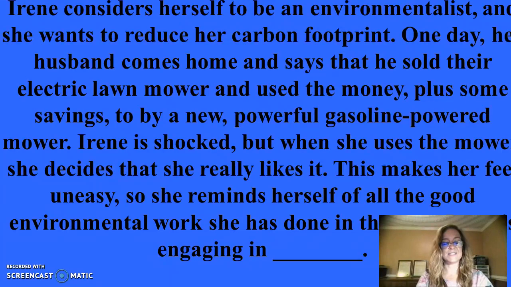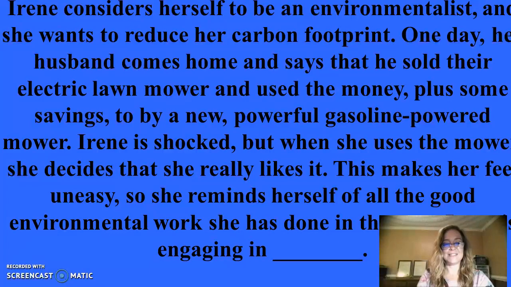Okay, cognitive dissonance for 300. Irene considers herself to be an environmentalist, and she wants to reduce her carbon footprint. One day, her husband comes home and says that he sold their electric lawn mower and used the money, plus some savings, to buy a new, powerful gasoline-powered mower. Irene is shocked, but when she uses the mower, she decides that she really likes it.